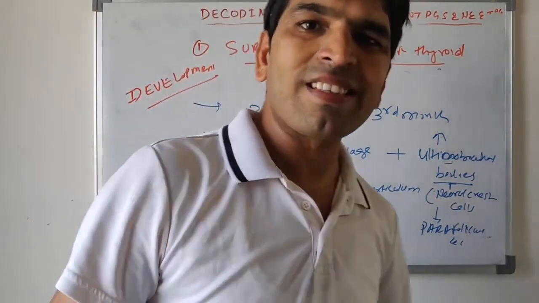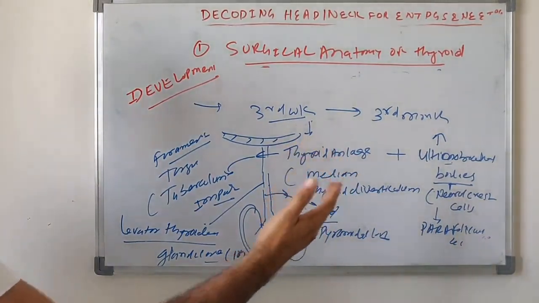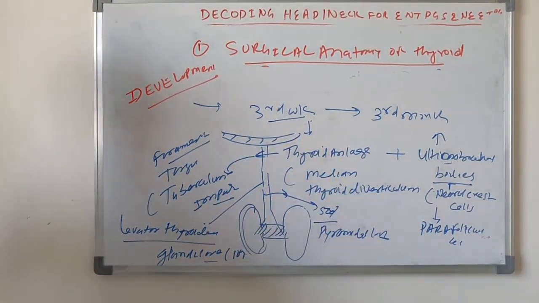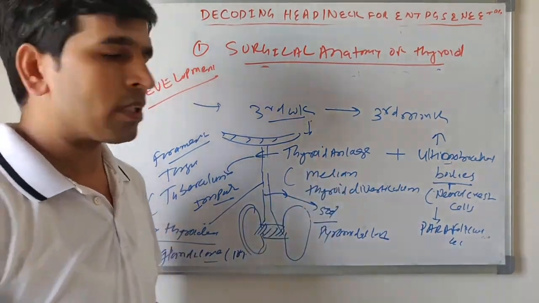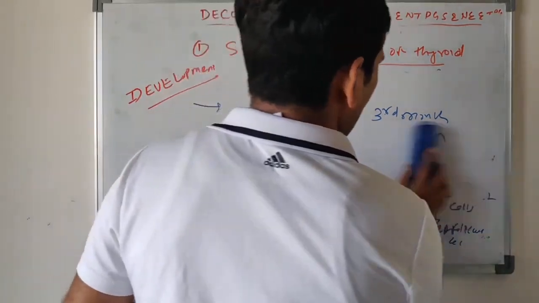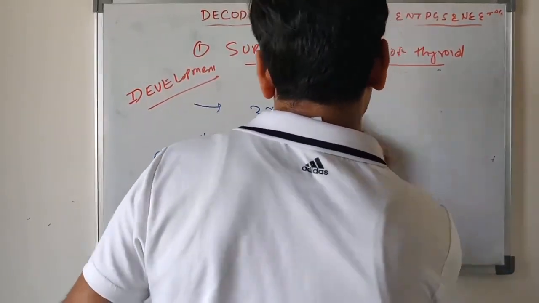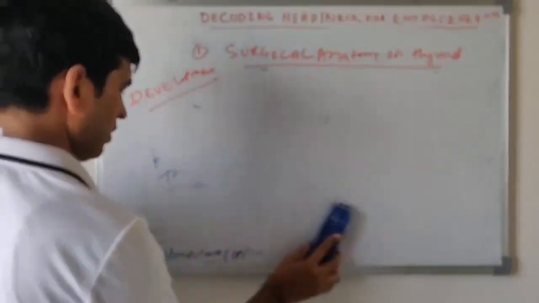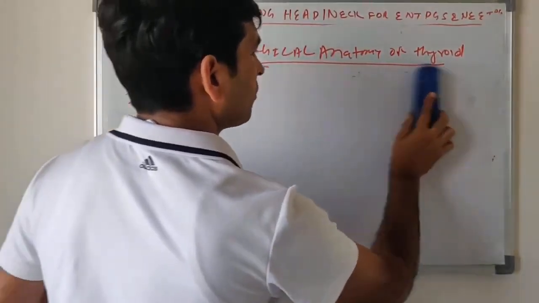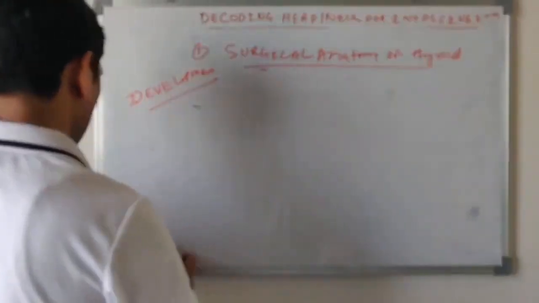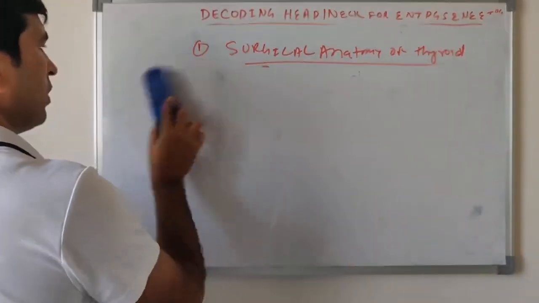Most of these things are 10%: the thyroidea ima artery, Kocher's vein, or the levator thyroid gland. But 50% of cases may have a pyramidal lobe, connected with the isthmus to the neck. This is all about development of the thyroid.